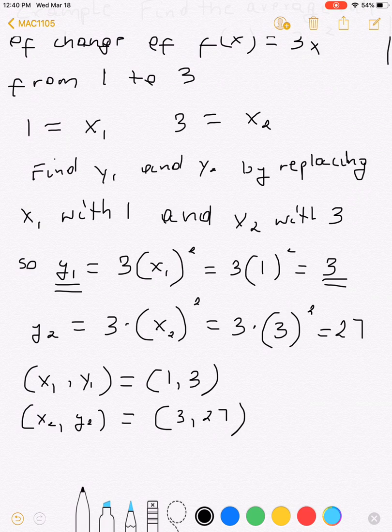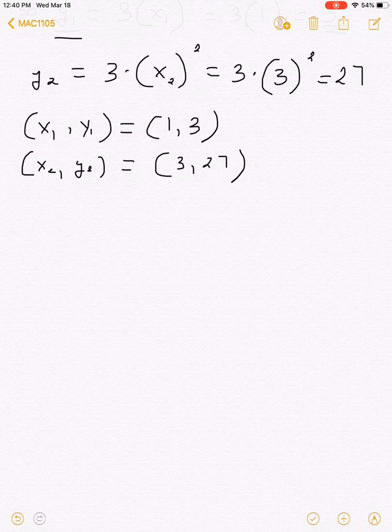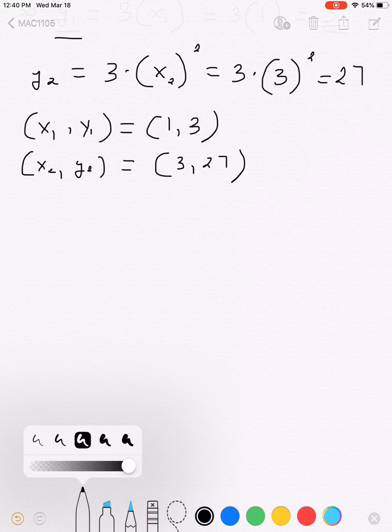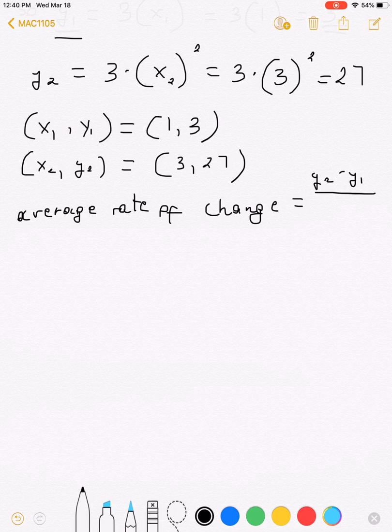So to find the average rate of change, we're just going to use the slope formula. So average rate of change equals, again, y2 minus y1 over x2 minus x1.